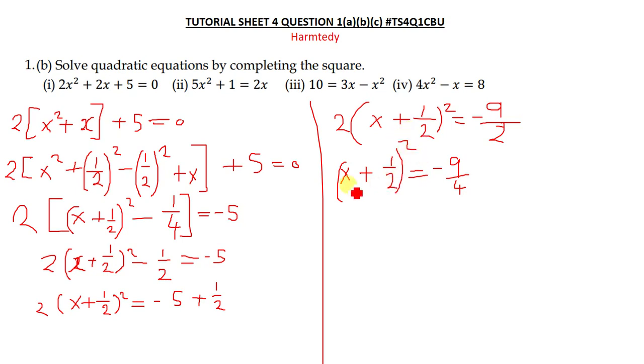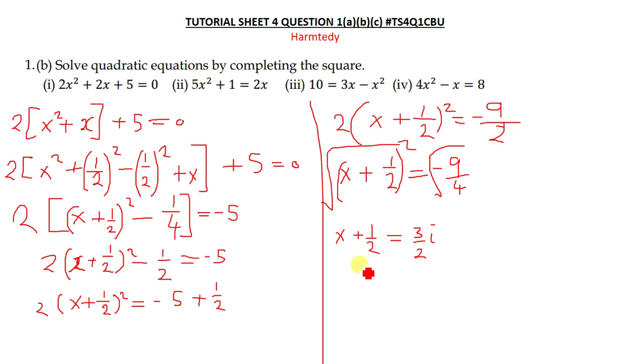Then there's a square there, so to get rid of this square, you square root both sides. You find the square root of this part, the square root of that part. So you are going to have x plus 1 over 2 this side, being equal to, when you find the square root of a negative number, if you're dealing with complex numbers, you can say this is 3 over 2 i.